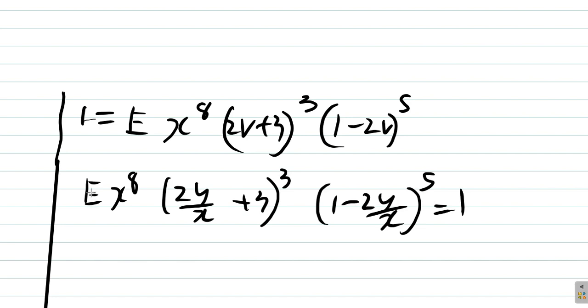Well, guess what? You can divide both sides by e, and call it something else because you don't know what e is. E is just a constant. So if you divide both sides by e, you get 1 over e. You don't know what it is, so let's call it constant f.